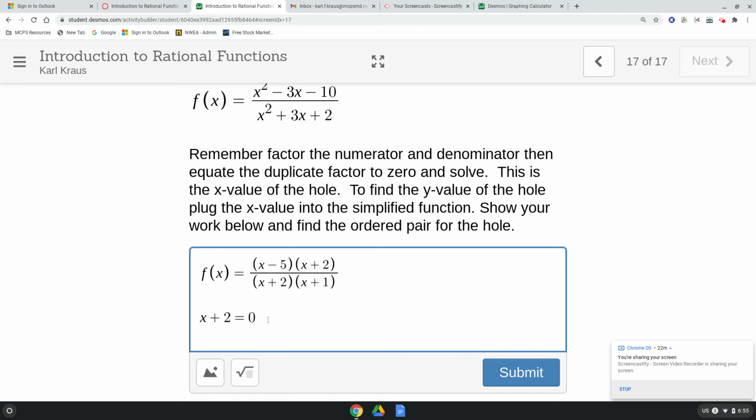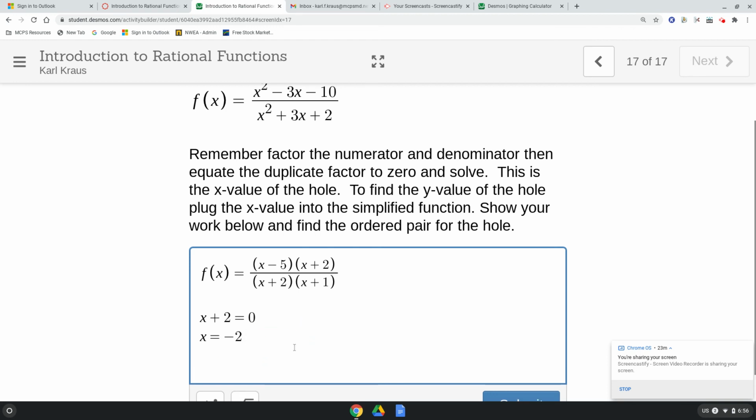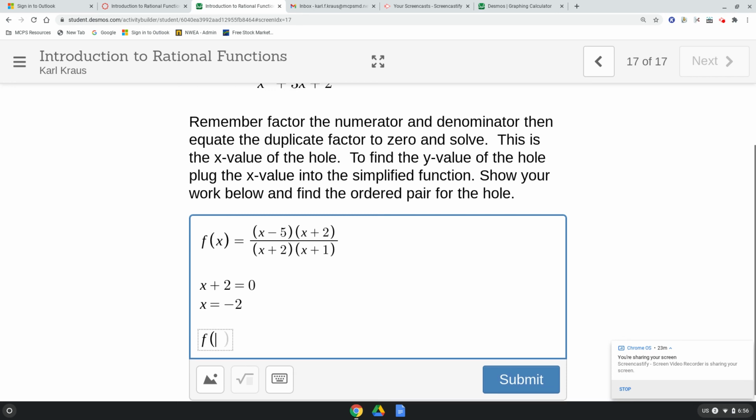And when I solve that, I get x equals -2. And then these cancel, so f of -2, you plug it into the simplified version of the function, -2 wherever there's an x in the simplified form.